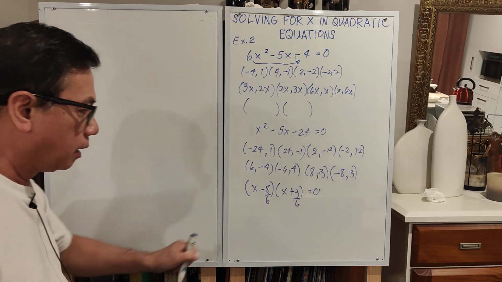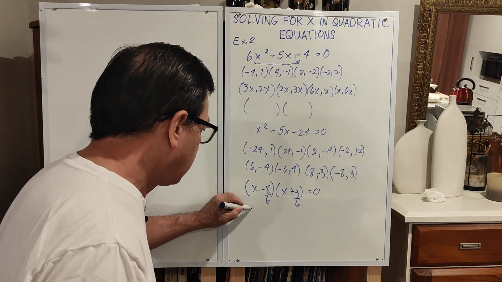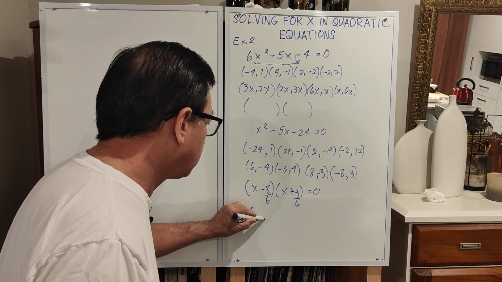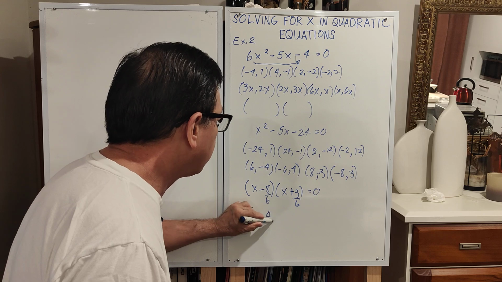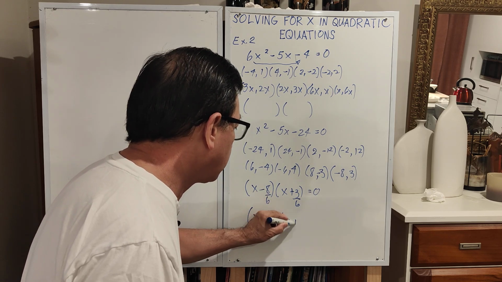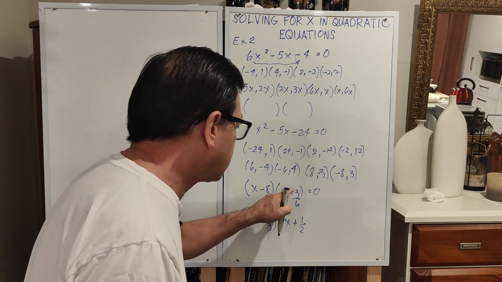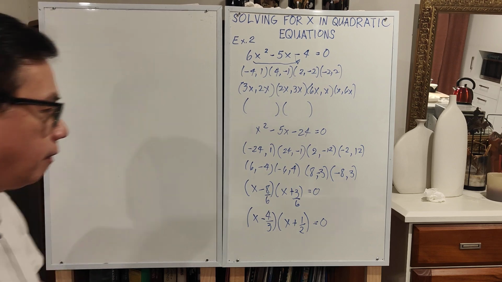And then we reduce both of them to lowest term. So x minus 8 over 6 reduced to lowest term, this one becomes 4 over 3. And this one becomes x plus 1/2, because 3 over 6 reduced to lowest term is 1/2.